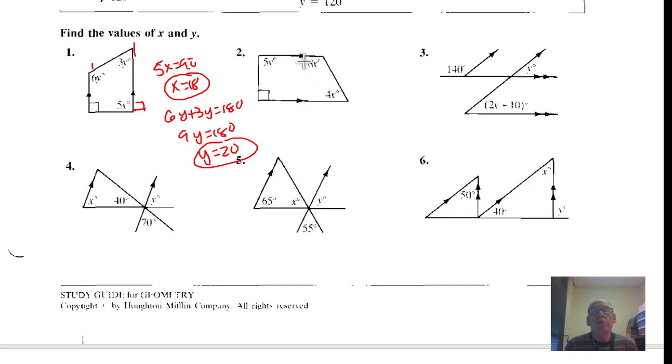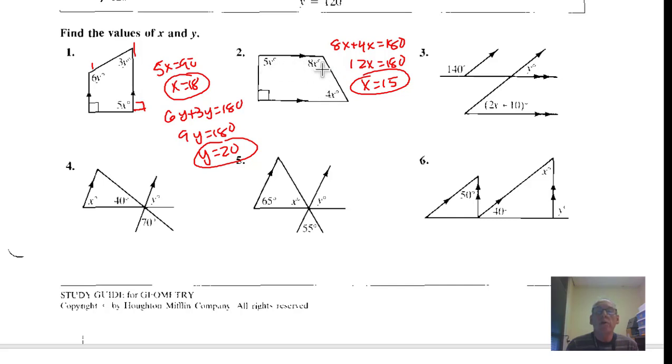Looking at number 2, these 8x and 4x angles are same side interior. They have to add up to 180. So we have 8x plus 4x equals 180, which gives us 12x is 180, which gives us x is equal to 15. Now if x is equal to 15, this must be y.